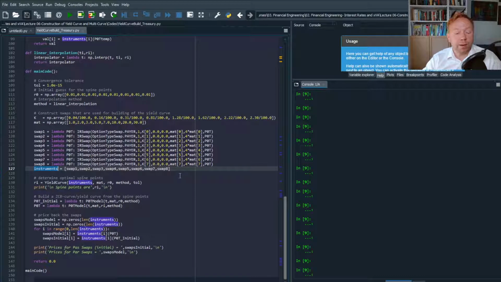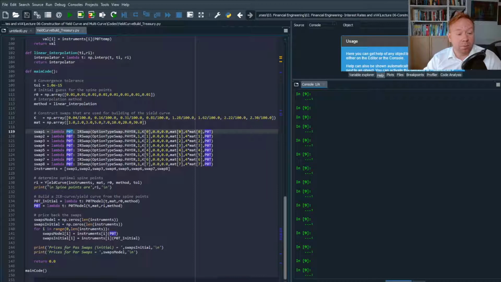We have an array of 8 swaps, and each of those swaps is a lambda expression which depends on the zero coupon bonds. The objective here is to find the zero coupon bond function, this zero coupon bond 0t, such that all those instruments will be pricing back to par. And of course, this zero coupon bond function is a function of spine points and time. So those are the levels of abstraction we have here.